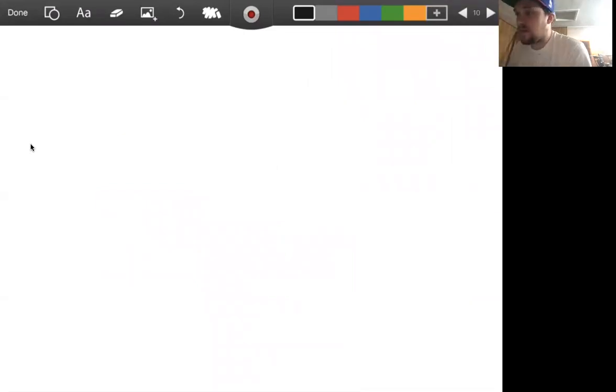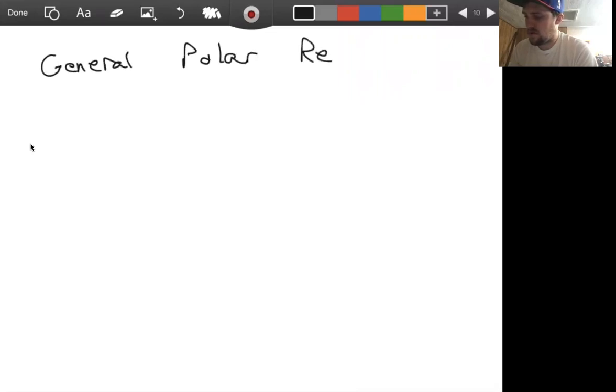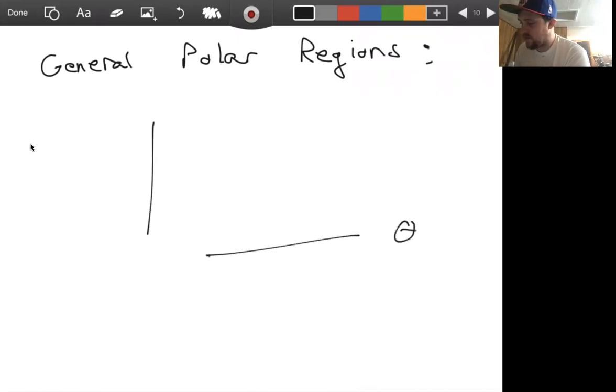Now let's look at integrals over general polar regions. Right, and so now we may have a region where we have some theta equals alpha and theta equals beta, something like this.